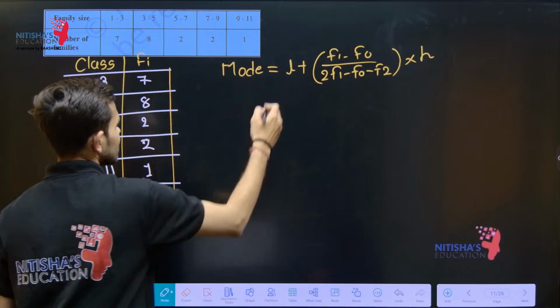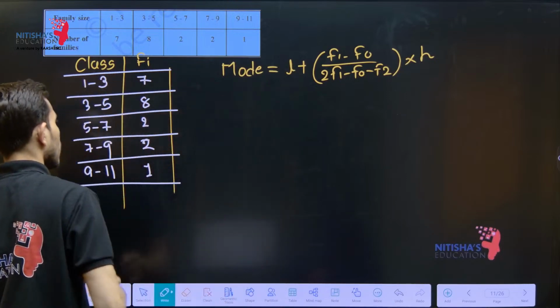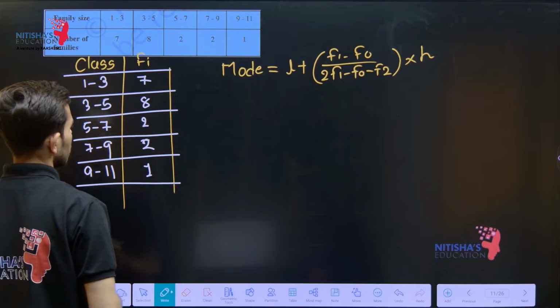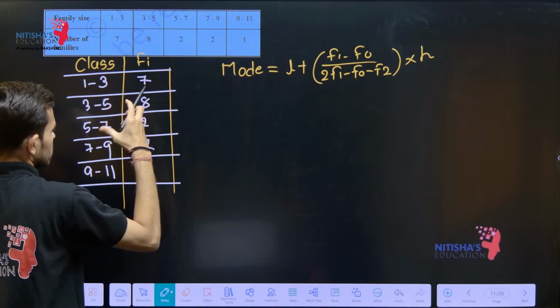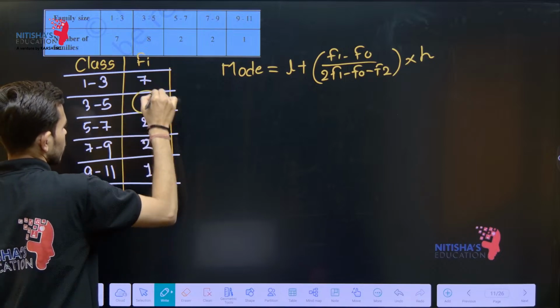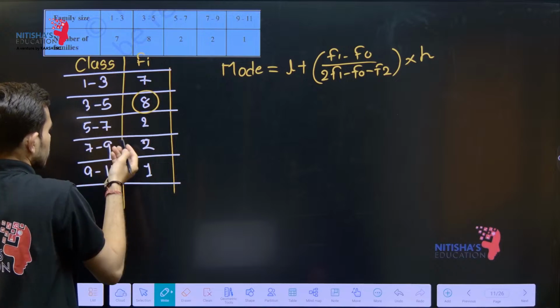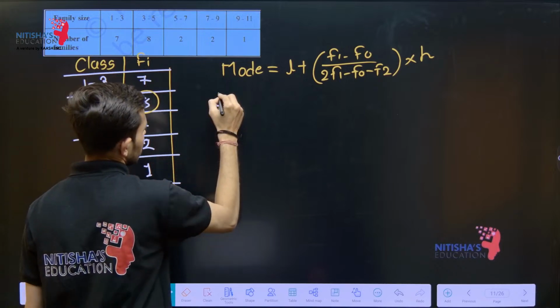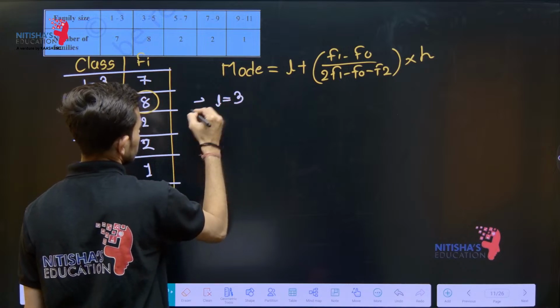Now what is L? L is the lower limit of the modal class. Modal class means the class with the highest frequency. So here the highest frequency is 8 and the lower limit of that class is 3. So we can consider L is equal to 3.